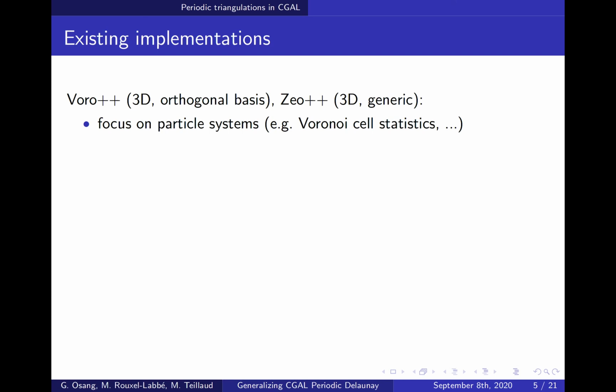These are Voro++ and CO++. They both work in 3 dimensions, and they're basically focused on particle systems. In principle, one could put these particles into a bounded container, or one can specify periodicity in different directions. And it computes, for each individual particle, the Voronoi cell as a half-space intersection.